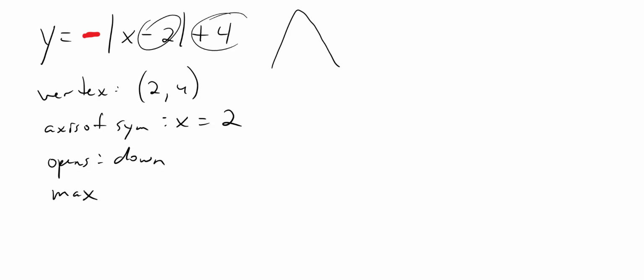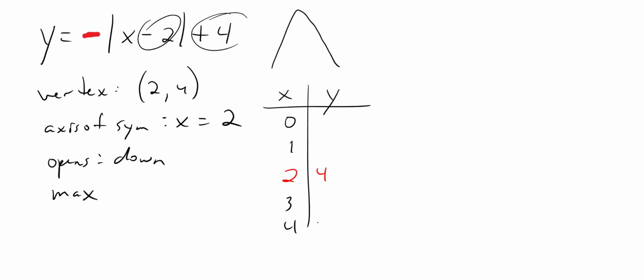Okay, cool. So we got to do a little t-chart, and we have our vertex, which is 2 and 4, and then we're going to pick points on either side of it. So we're going to pick 1 and 0 and 3 and 4.